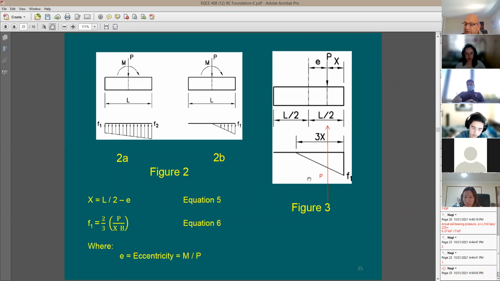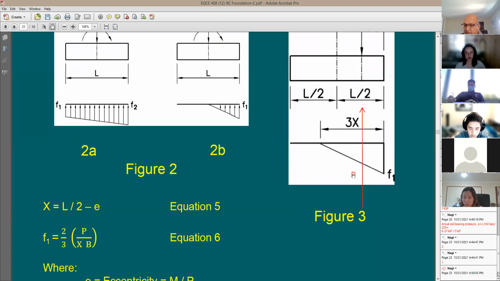Now let me figure out this reaction P in terms of x, the stress, this length, and the width of the footing. What is the width? The width is perpendicular to the screen, the width of the footing in the other direction. Here is the equation: x equals L over 2, half of the footing length, subtracting e. How about this force P? Can I write an equation for it?